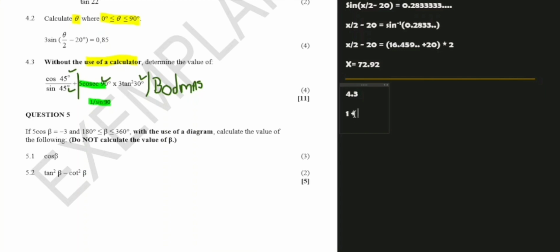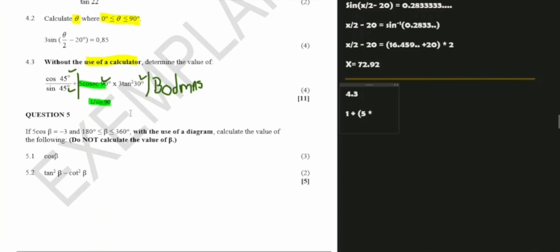Now, let's deal with what's in this bracket over here. So 5 times what is cosec of 90? We said you can also write it as 1 over sine 90. But sine 90 we said is 1. So 1 over 1. So it's the same as 5 times 1. Right?